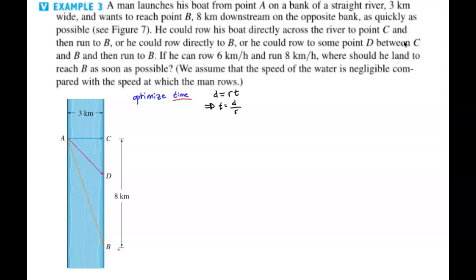Let's call the distance between C and D, we'll just call that X. And then let's come up with another expression to represent the distance between B and D, but I also want that in terms of X. So if C to D is X, and we know that the entire thing, C to B, is 8, what's the distance from D to B in terms of X?